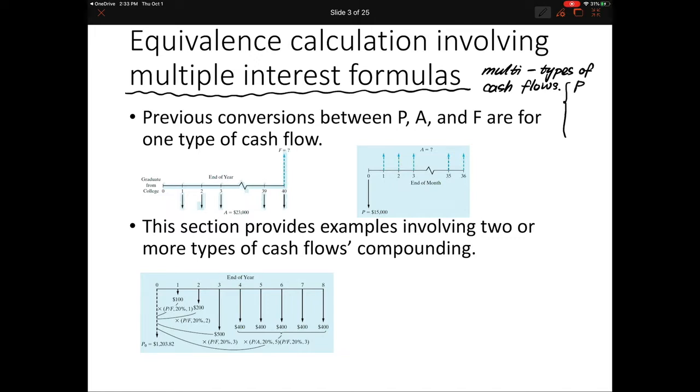So we said we have learned different types of cash flows: present value, annuity, future value, right?